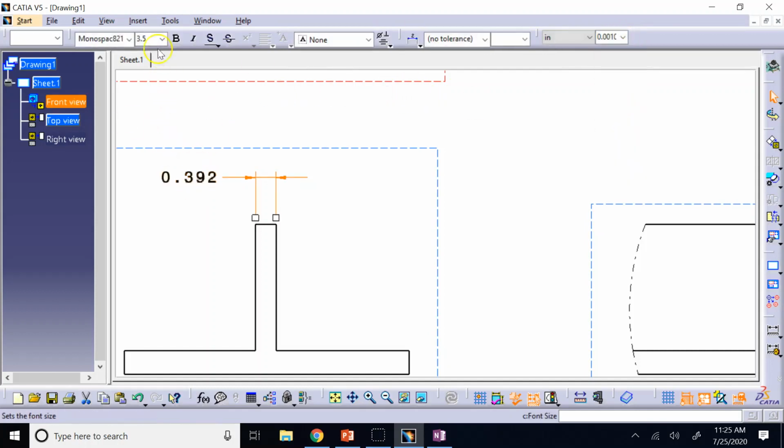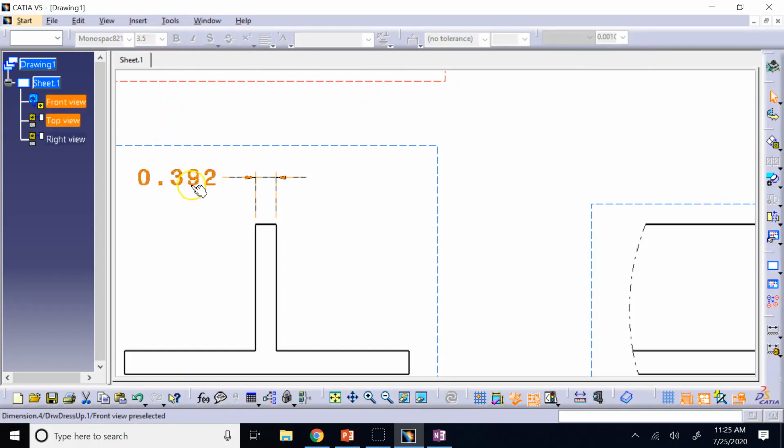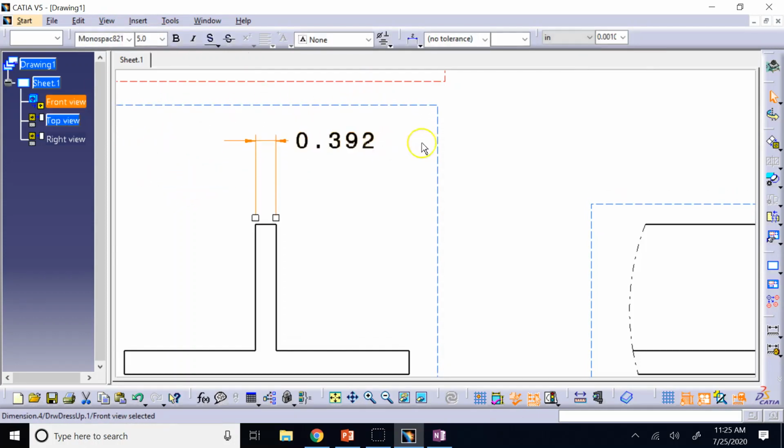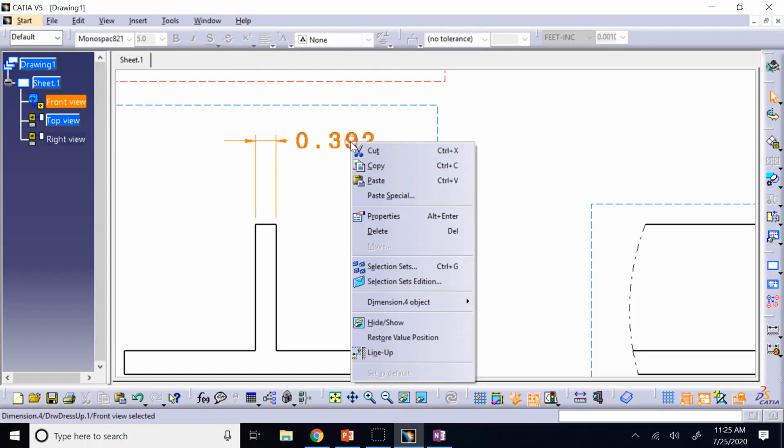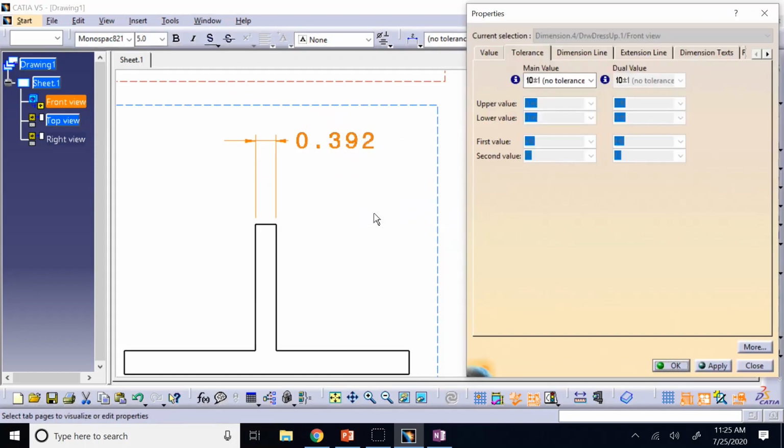I can change the size of the font for it, and so on and so forth, right? So let's say that's the number. Now I want to show the amount of deviation or the tolerance. So I right click on this dimension text, and go to properties.